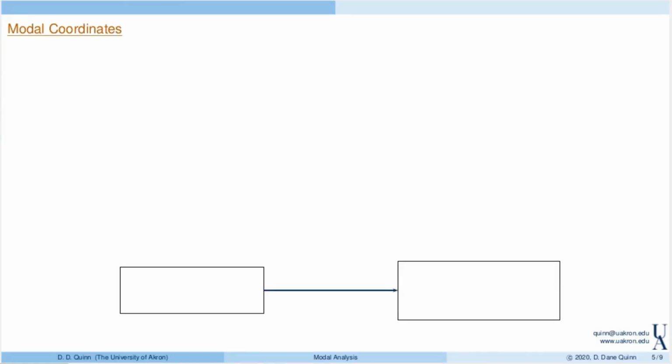So let's talk a little bit about the modal coordinates themselves. These can be written in terms of the physical coordinates. And so the physical coordinates are represented by x of t.